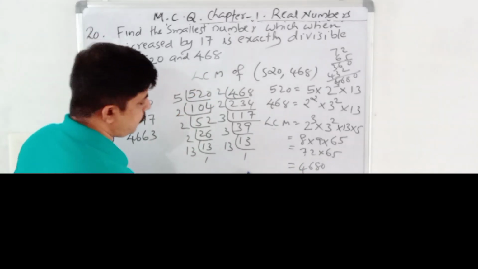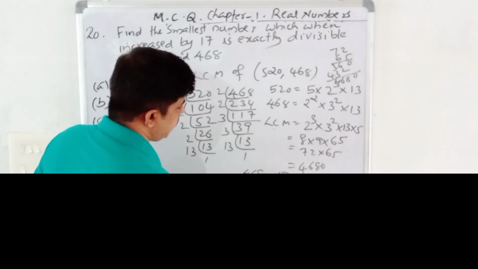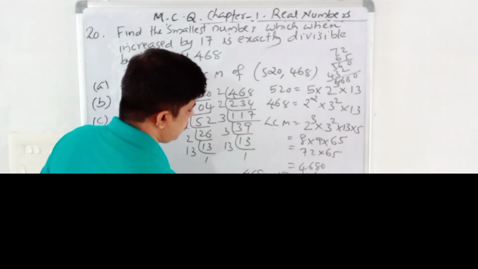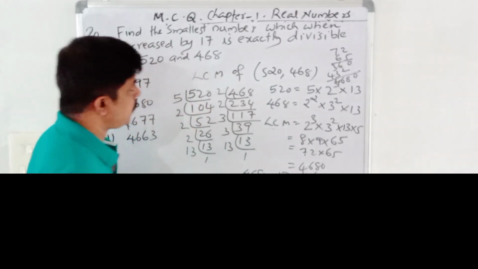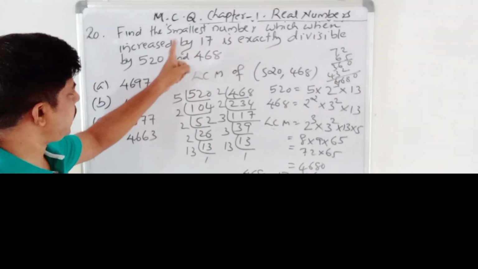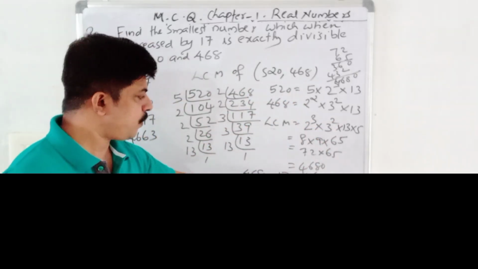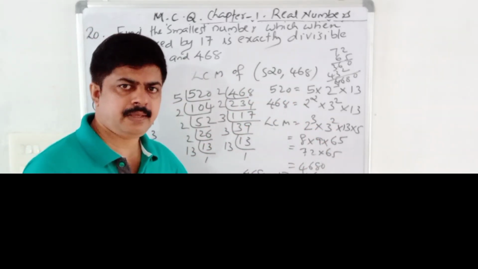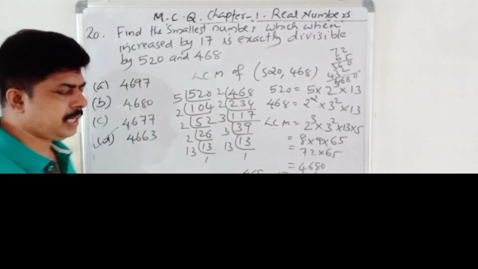From this number we need to subtract 17. We get the answer 4663. Therefore, the smallest number which when increased by 17 is exactly divisible by 520 and 468 is 4663. Our correct option is D. Answer D is the correct option.